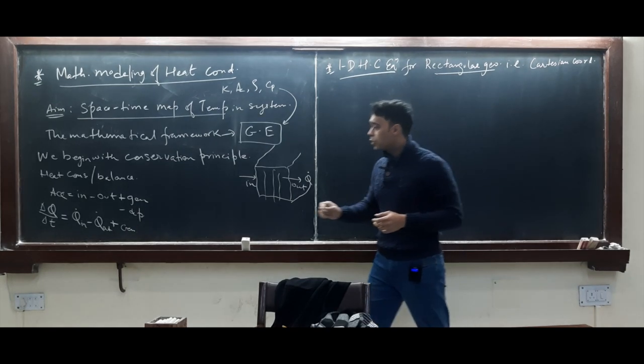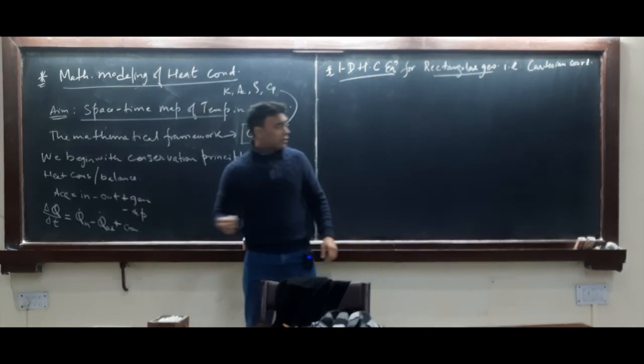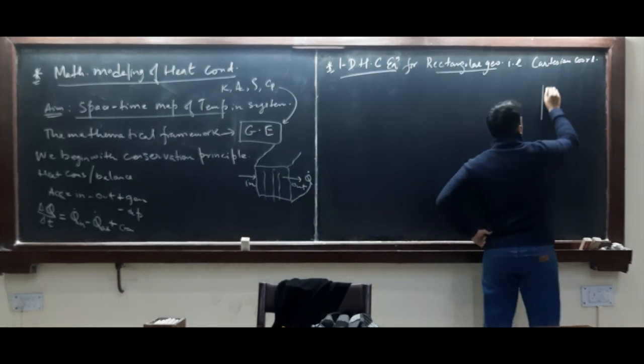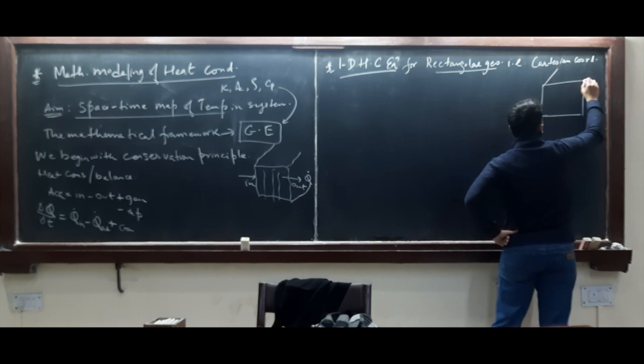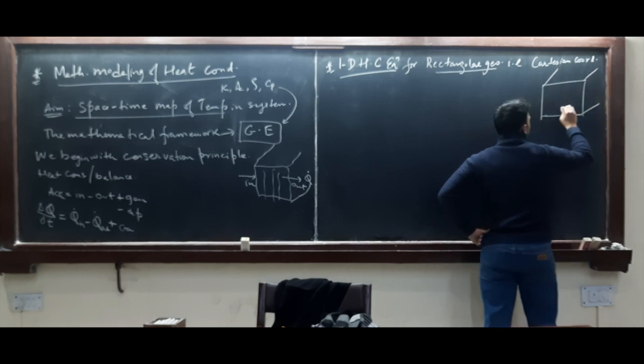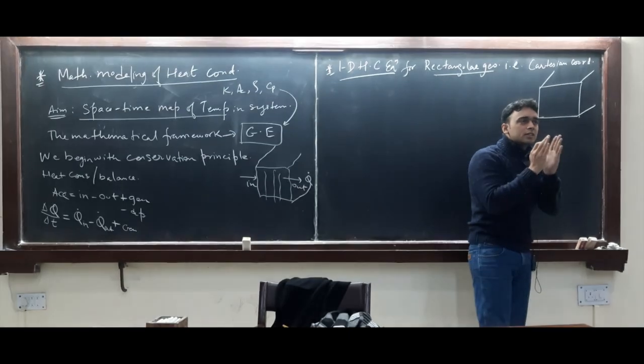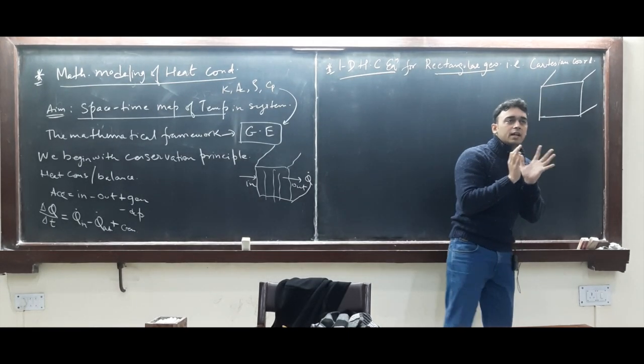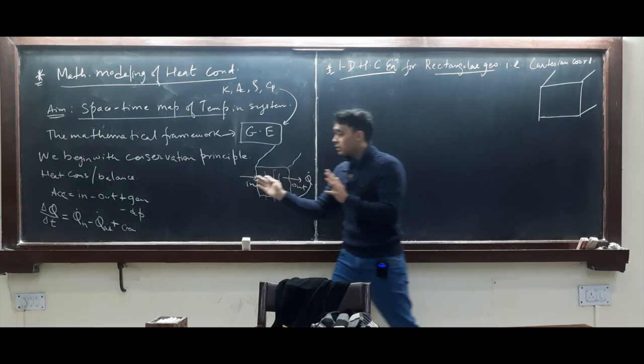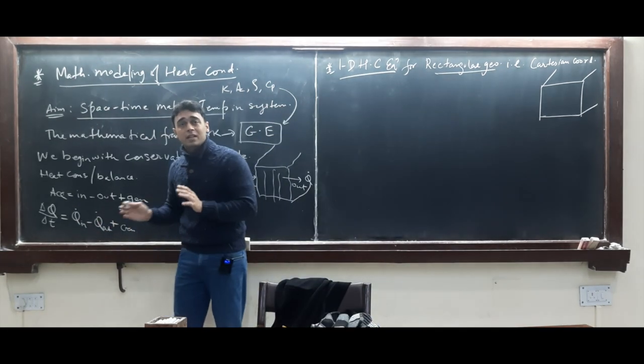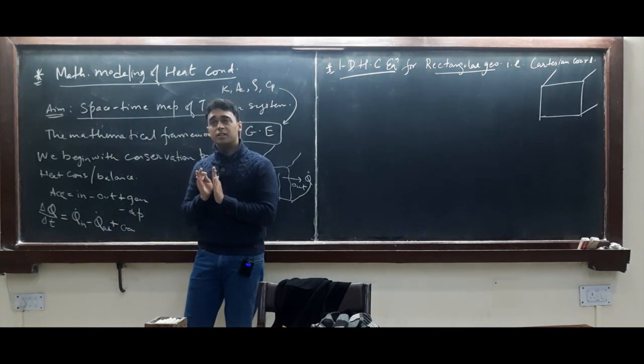Now I want to write all this for a rectangular geometry. So let me make a nice rectangular geometry. And now what we'll focus on is we'll take a small element. See, the idea now is to write this equation for an infinitesimal element, for a very small element.